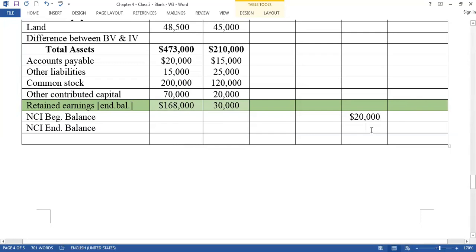Then we have to calculate the ending balance here. And I already told you, I can write here now, or I can write later on. How to calculate the ending balance, I will show you later on. Okay. So we have to create two new cells for beginning balance NCI and ending balance NCI. Then finally we write total liabilities and equity, and it is this number.